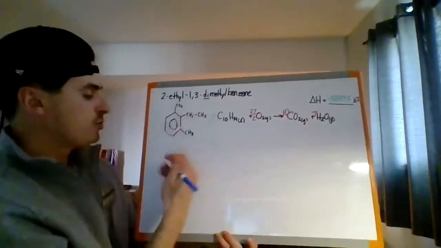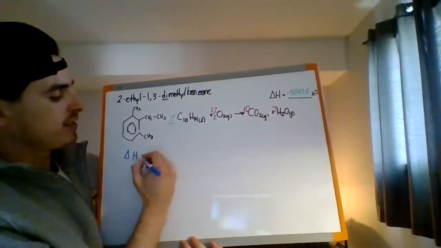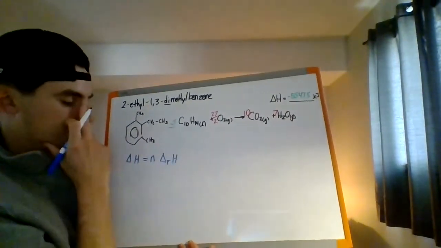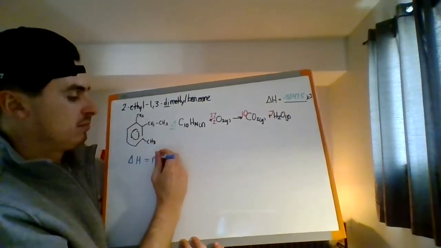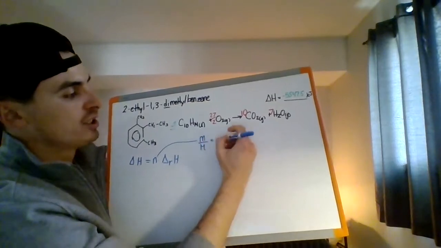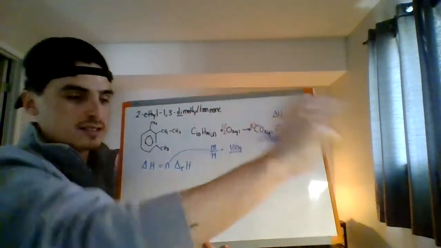So I need to find the new delta H. How do I do that? I remember that there's a formula. Delta H is equal to n times delta rH. Now, n comes from mass over molar mass, which is 100 grams divided by the molar mass of this.